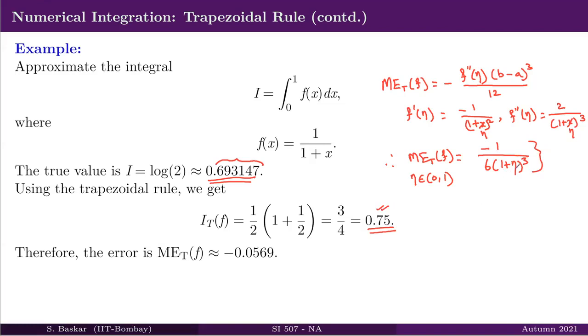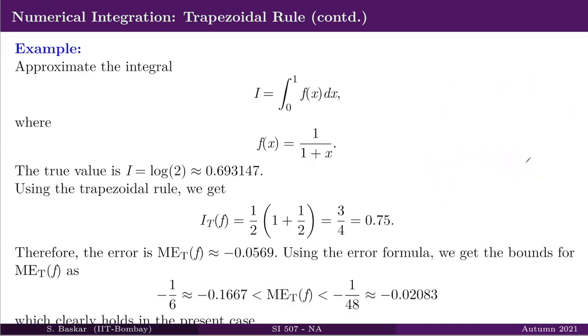For the lower bound, let us put eta equal to 0, and for the upper bound, we will put eta equal to 1, and thereby we will get the mathematical error in the trapezoidal rule is bounded by minus 1 by 6 and minus 1 by 48.